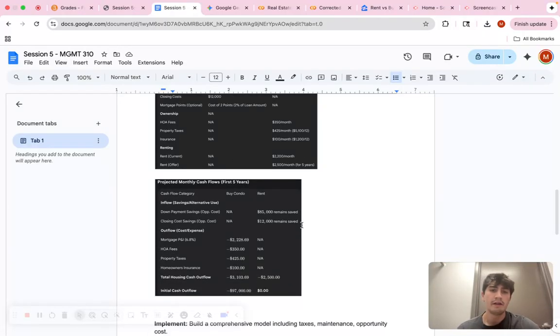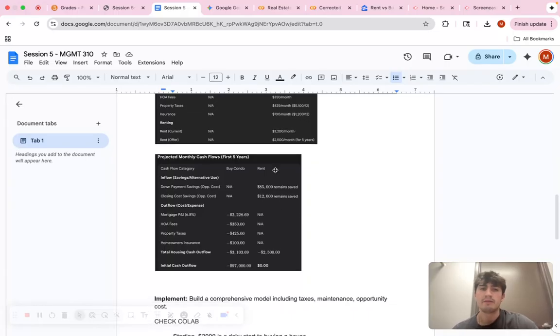So then we also have the projected monthly cash flows. So let's start with the renting option. We have 85K saved and 12,000 saved if we don't have to worry about buying it. So we'll have all that saved up right then.